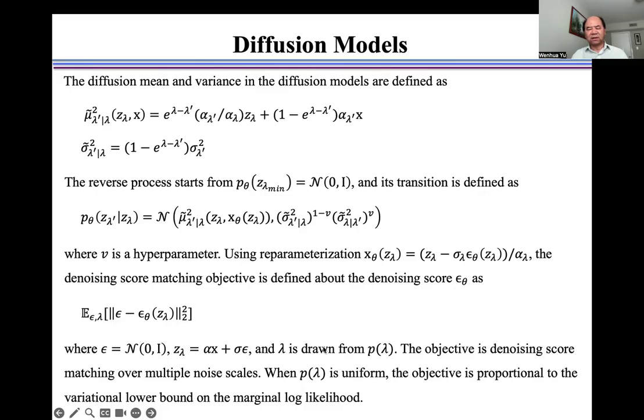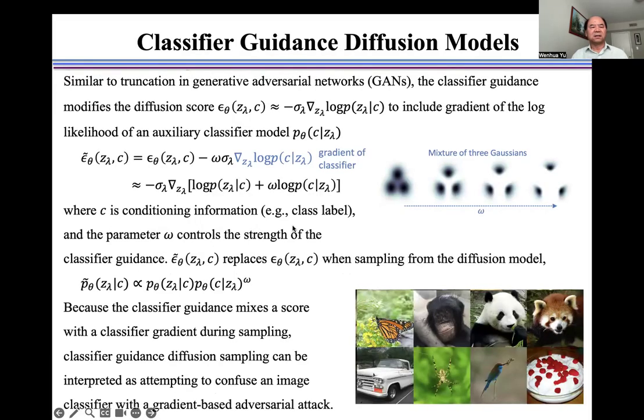The objective is the noise score matching over multiple noise scales. When P lambda is uniform, the objective is proportional to the variational lower bound on the marginal log likelihood.